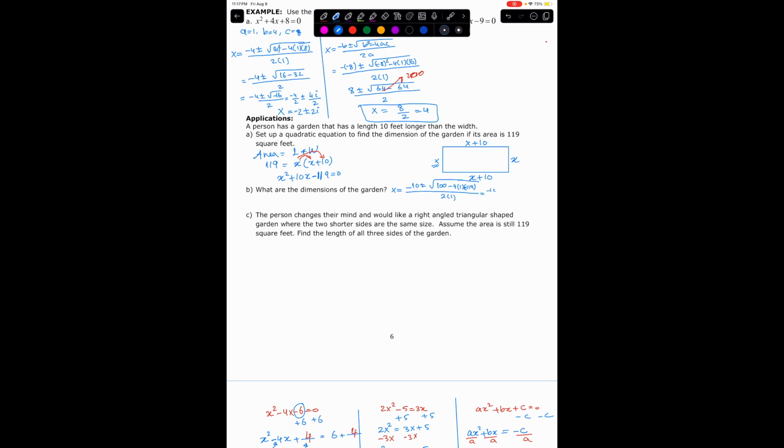That is negative 10 over 2 plus or minus square root of 100 plus 119, because negative times negative is positive. Everything is divided by 2 as well. I'm going to complete it here. So negative 10 over 2 is negative 5 plus or minus the square root of 219 over 2.